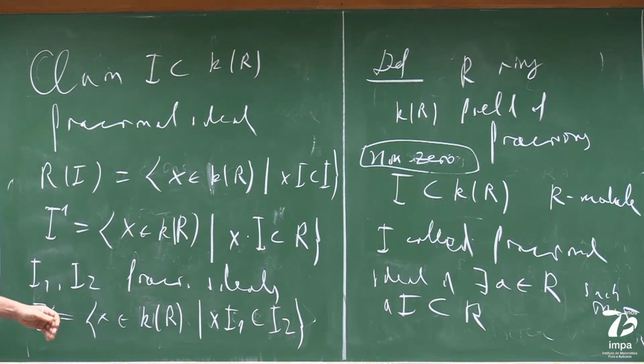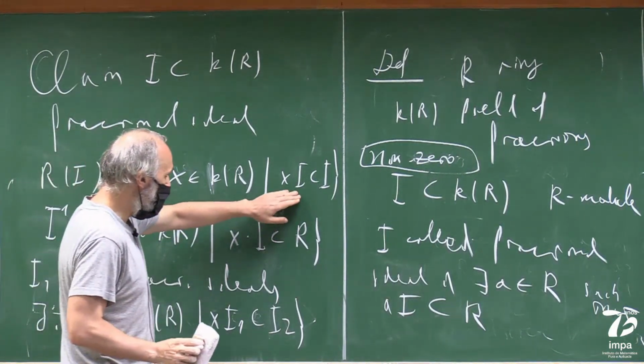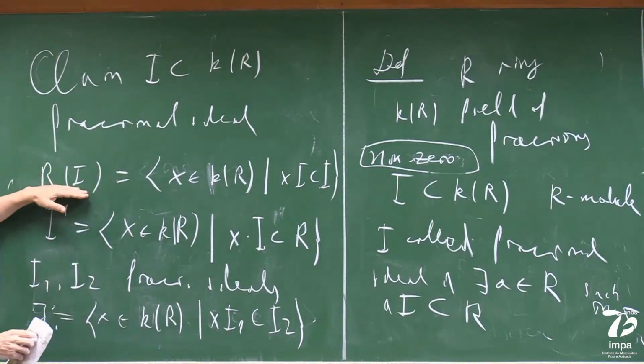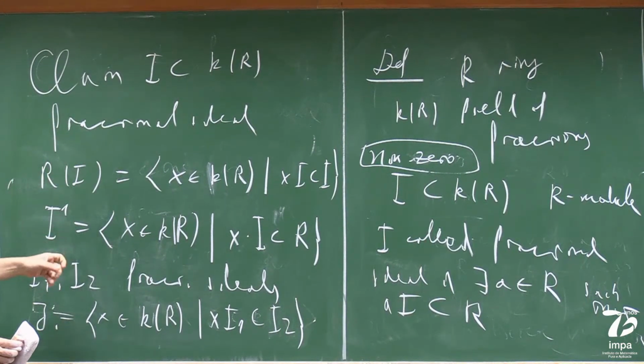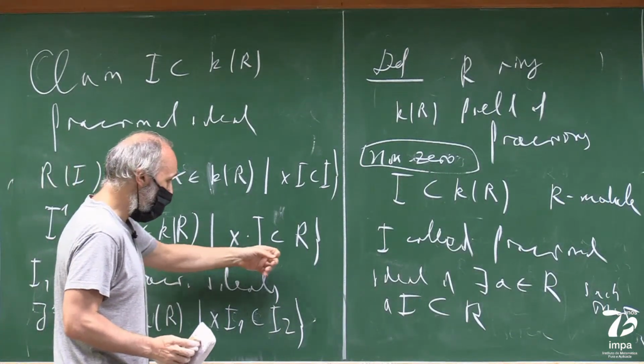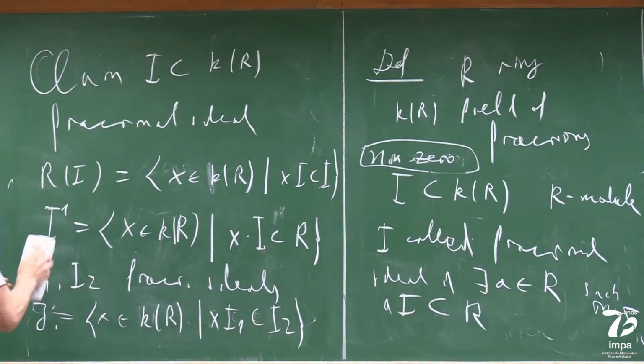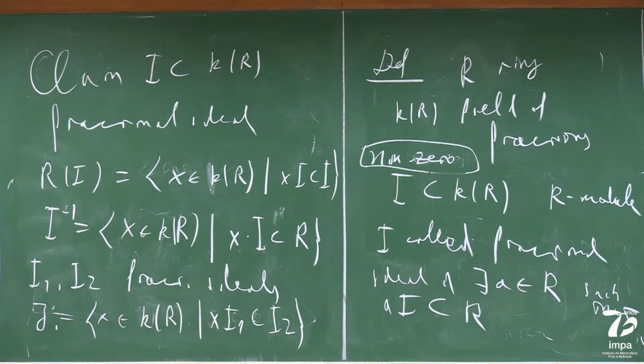So when I1 and I2 are both I, this is R of I, and when I1 is I and I2 is R, J is I minus 1. So if we prove that J is a fractional ideal, then the other two are also. Then R of I and I minus 1 are fractional ideals.